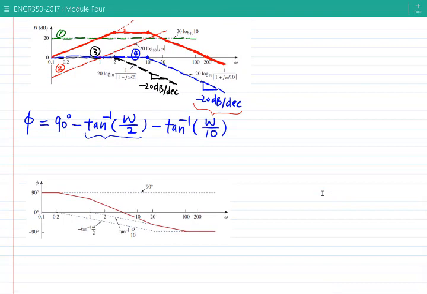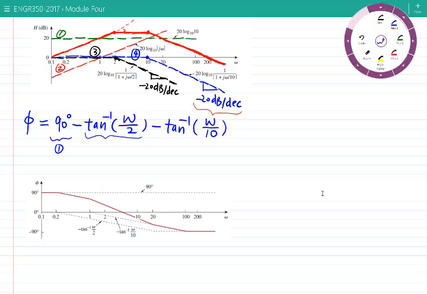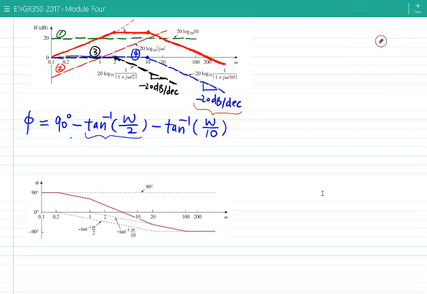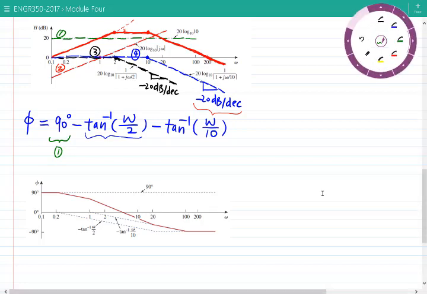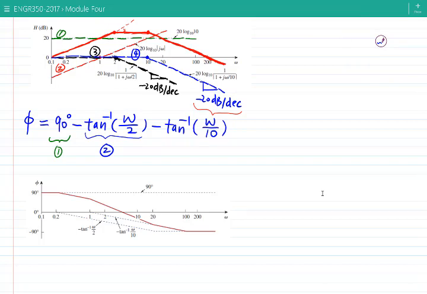Okay, so now we are going to first plot the phase angle for each term. So we have term number 1, let me use another color here, let me use green color. The phase angle for term number 1 is a constant 90 degrees. Then term number 2, the phase angle for term number 2, including the minus sign, and the phase angle for term number 3.